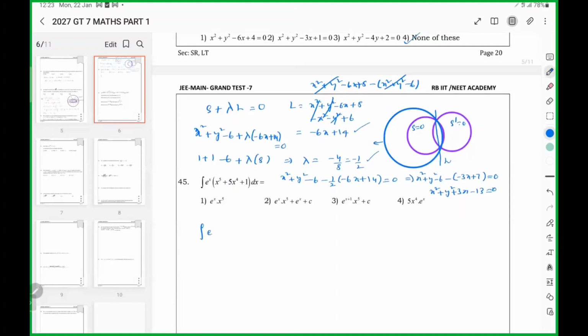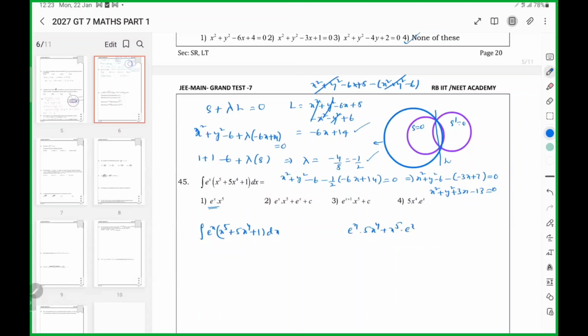So integral e power x times x power 5 plus 5x power 4 plus 1 dx. Just to differentiate the options, look at this: e power x, 5x power 4, x power 5 into e power x.